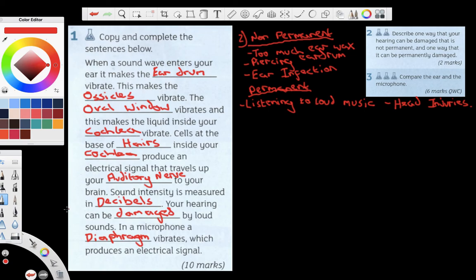Question 3, our final one, is quality of written communication. So you need to write your answers in full sentences. It says compare the ear and the microphone. So how do they work? What are the similarities? What are the differences? For 1 mark, you could have said that they both detect vibrations.